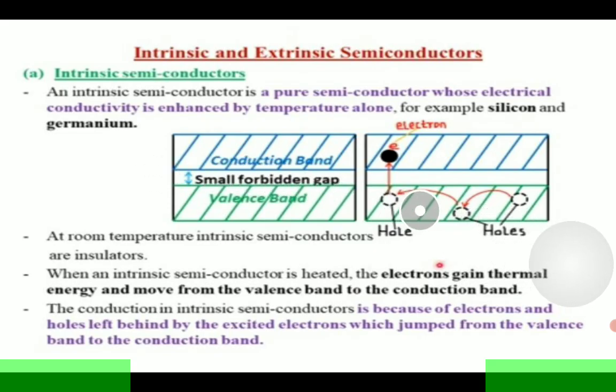Recall from what we said last time that assuming the electron is here initially, and we apply heat at some point on the material, the electrons will become excited, they'll move, they'll gain kinetic energy and jump from there to another place, and then finally cross the small forbidden gap to the conduction band where the electrons will be available for conduction.